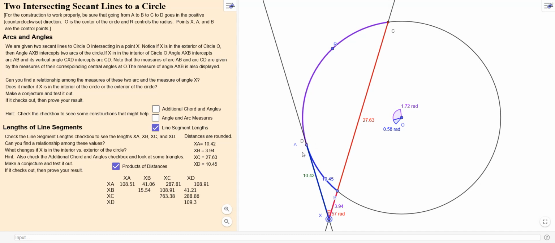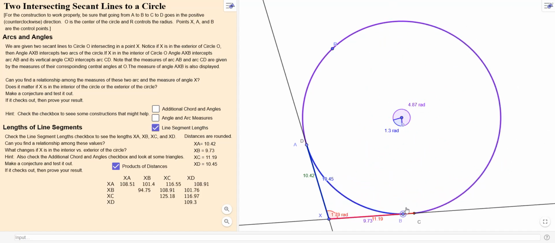And so you have a tangent line in that case. There are not really two parts to this. You just have the same part twice. So you get XA squared, okay, is equal to XB times XC. And actually the same thing works as you're approaching a tangent line over here.